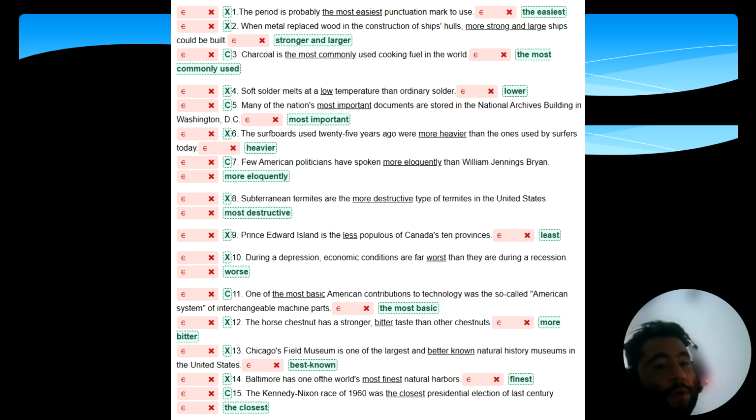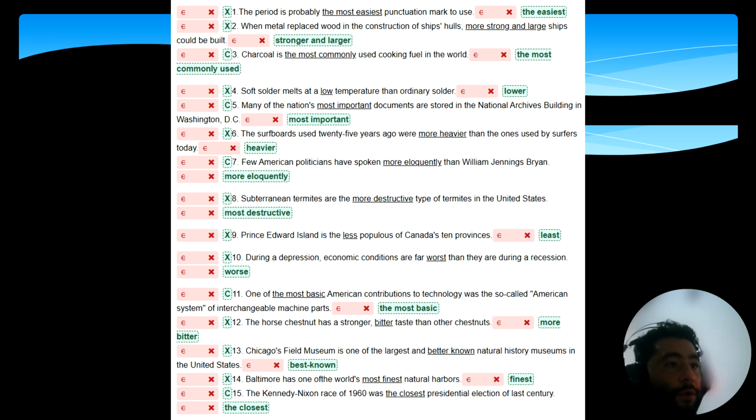When we have two adjectives, remember, we need to pay attention if they are short or long adjectives, and we apply the correct modification. In this case, it would be incorrect to say more strong. Okay, we say stronger and larger.